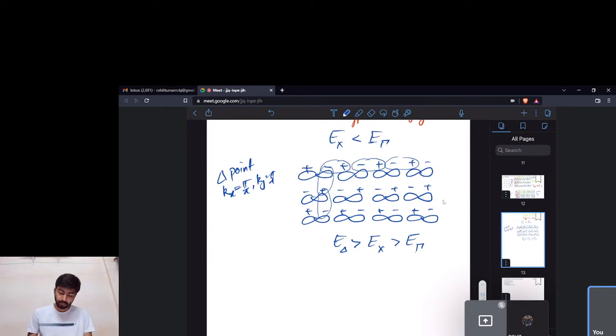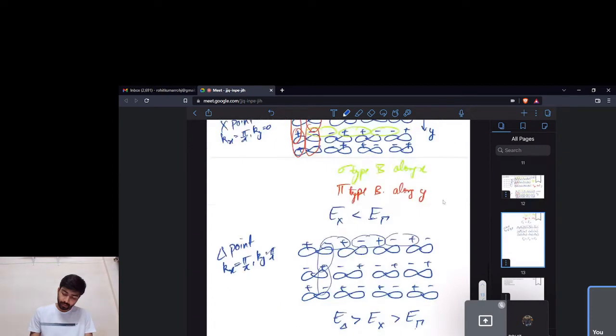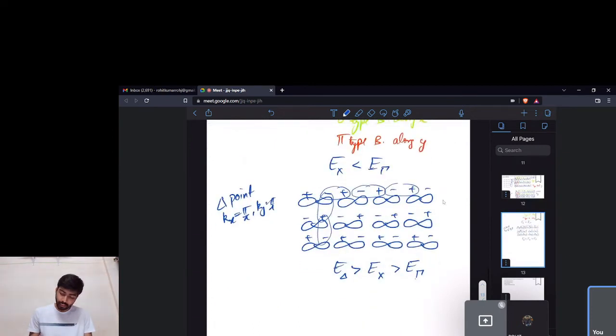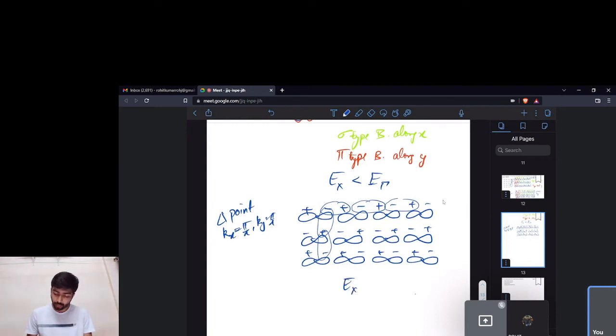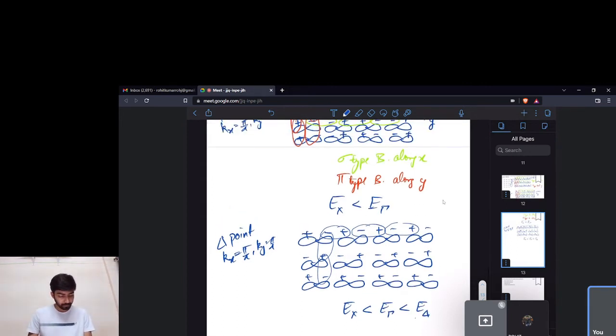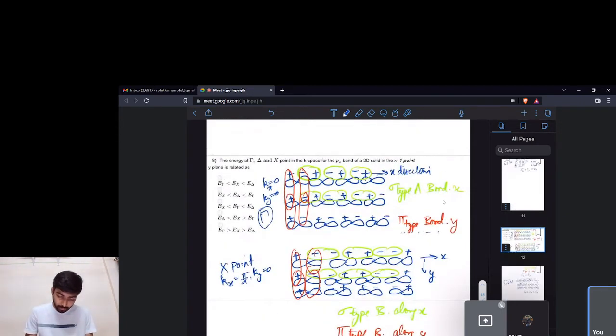So the correct option would be... let me correct this thing. It's not the correct way. E_X would be minimum, then E gamma, and then E delta. So E_X, E gamma, E delta. So this will be correct. Fine.